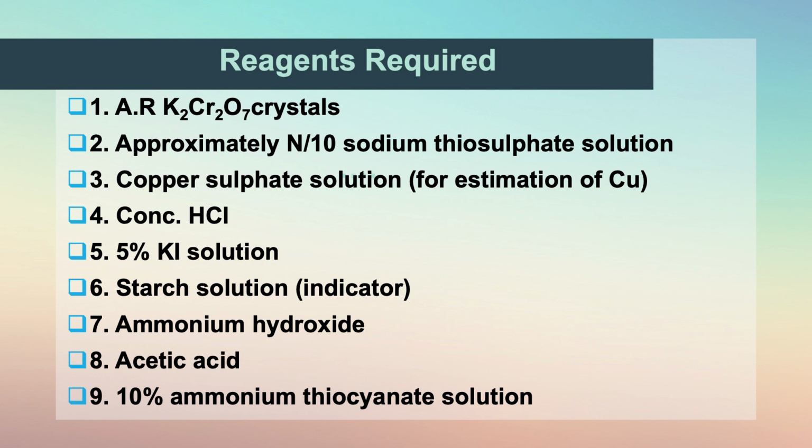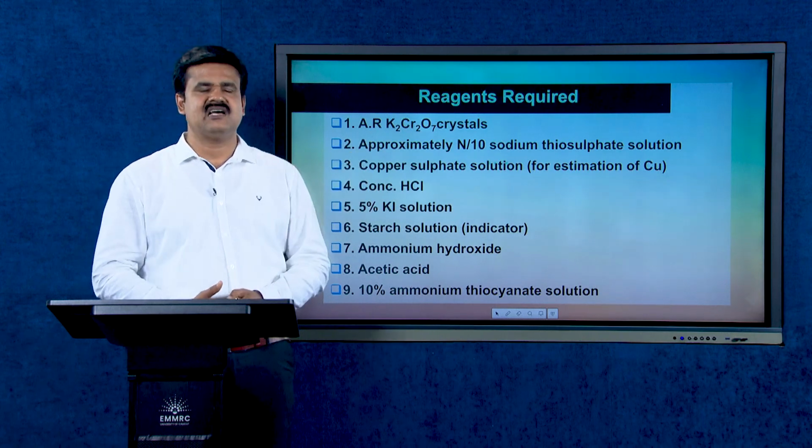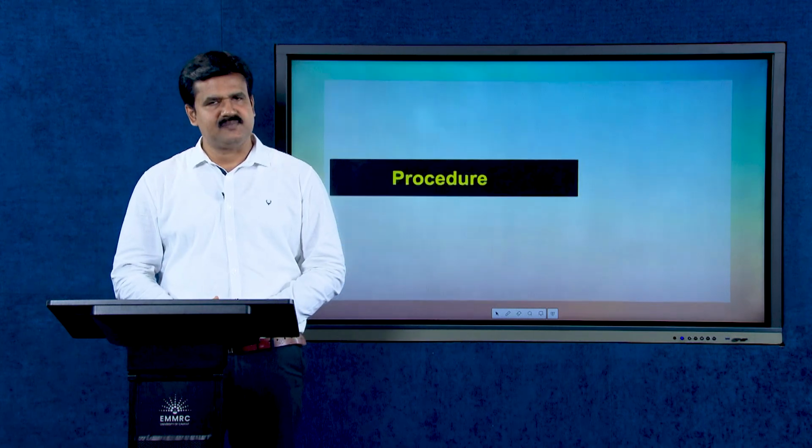Concentrated hydrochloric acid. 5% potassium iodide solution. Starch solution as indicator. Ammonium hydroxide solution. Acetic acid solution. And 10% ammonium thiocyanate solution. So, in general, these 9 reagents are required for the entire experiment.